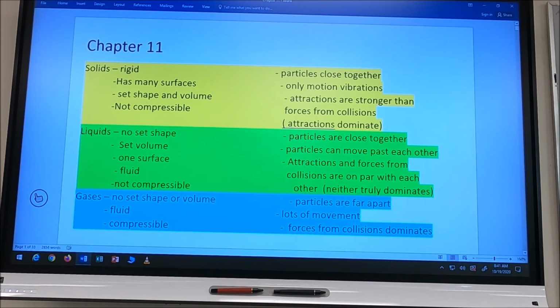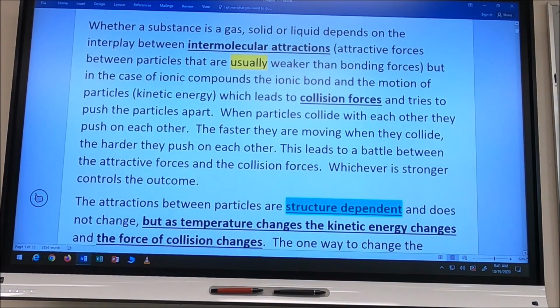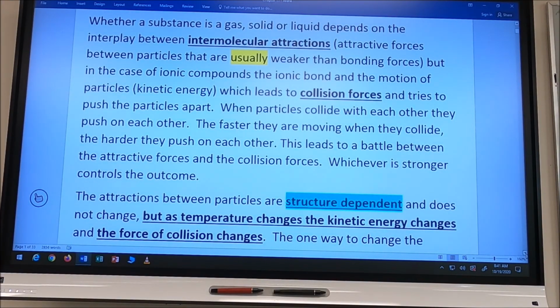Okay? So solids, gases, and liquids. Whether a substance is a solid, gas, or a liquid depends on that interplay between intermolecular attractions, the attractive forces between particles. These are usually weaker than bonding forces.